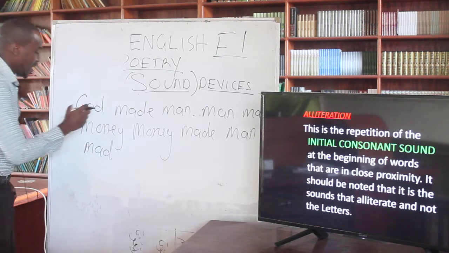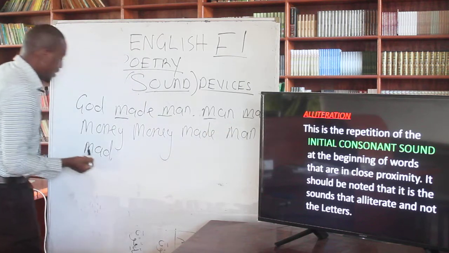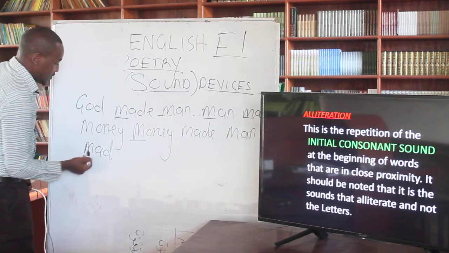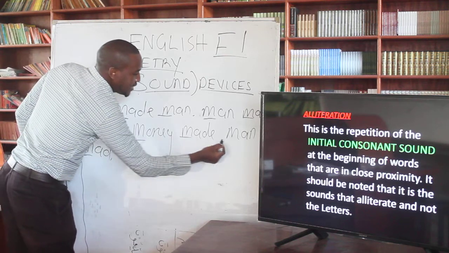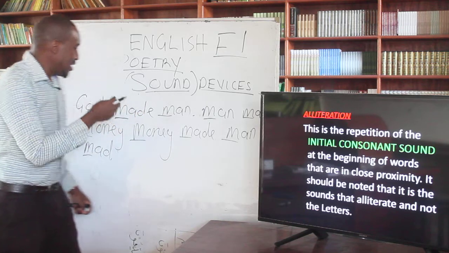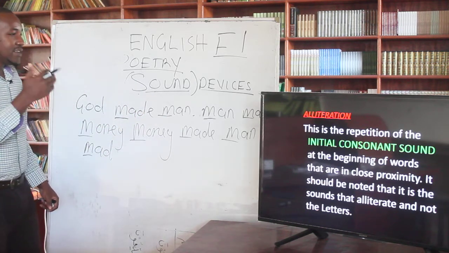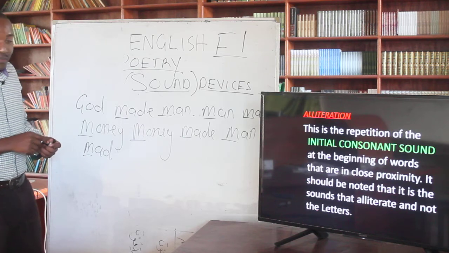In this case, we have this consonant sound being repeated. And what is happening? We say initial, initial meaning the one at the beginning of a word. And alliteration must be in the same sentence.